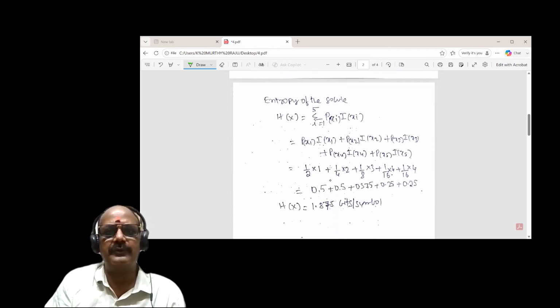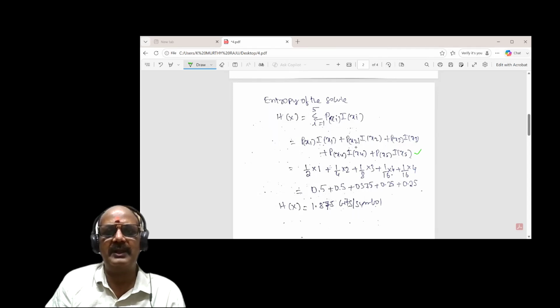Entropy of this source. We know that H(X) is equal to the sum for i equal to 1 to 5 of p(xi) into I(xi), as 5 symbols are there. Substituting the I values: p(x1) I(x1) + p(x2) I(x2) up to p(x5) I(x5). First symbol occurrence is 1/2, I(x1) is 1 bit.